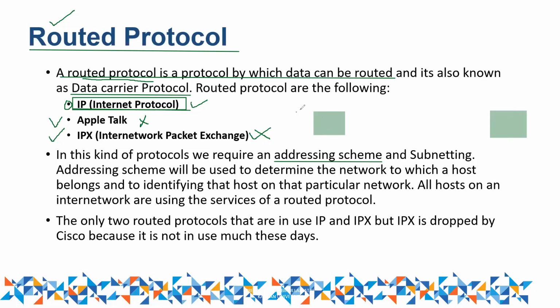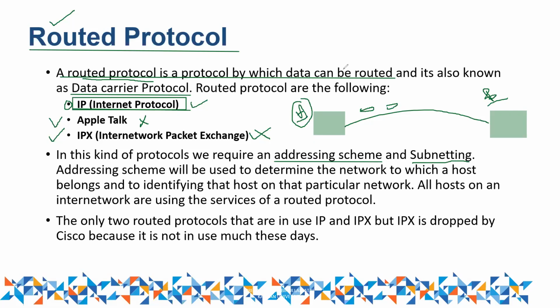For example, this is point A and this is point B. Point A wants to send data to point B, so they will use the network, and over this network the IP will carry the traffic. So the IP needs to identify A and B. That's why we need addressing, because the protocol must identify the source and the destination. Subnetting is also required, in the classless approach, not in the classful approach.